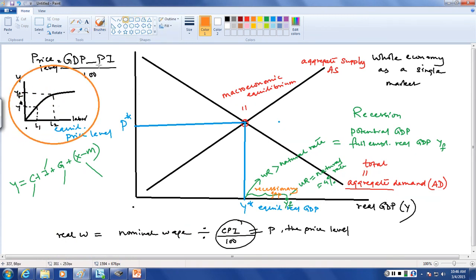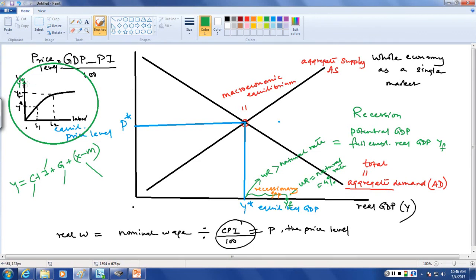This production function, and tell me, what does that tell you? We now have a Y star which is, where? Here. This is our Y star.